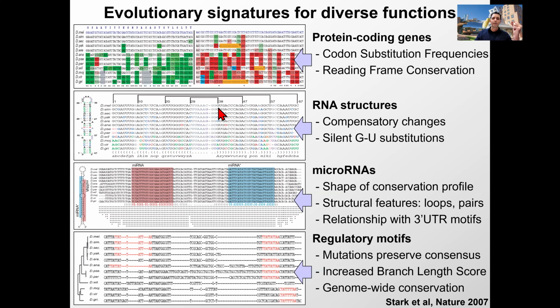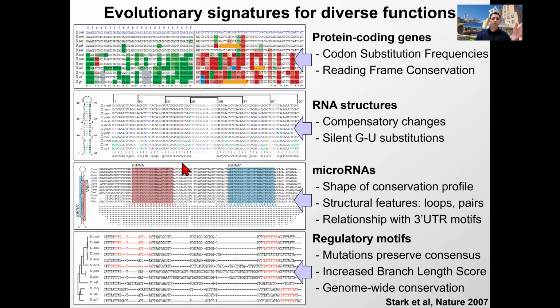You can distinguish RNA structures based on the preservation of the pairing of the residues. And therefore, if these two residues are paired with each other and one changes, the other one better change as well to preserve the pairing.